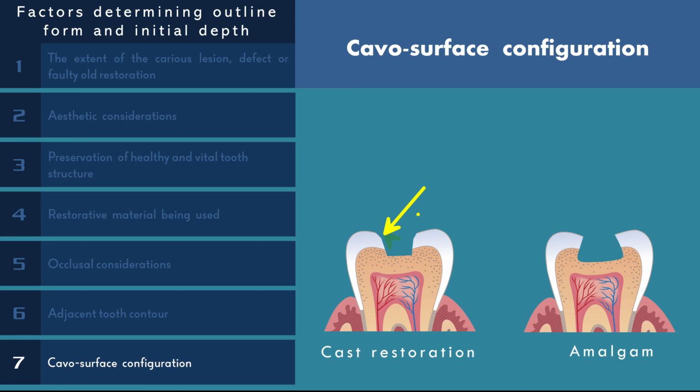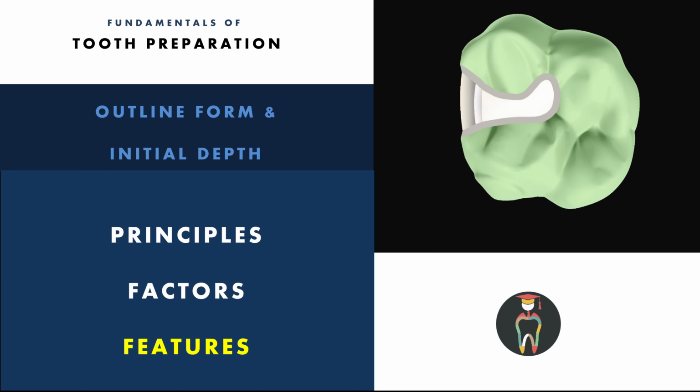For a cast metal restoration, we have to place a bevel in the cavo-surface margin, but for an amalgam restoration, the margin should have a butt joint or a 90-degree joint. So this also has to be decided and taken into consideration while preparing the outline form and the initial depth. So these are the 7 factors which govern the outline form and initial depth.